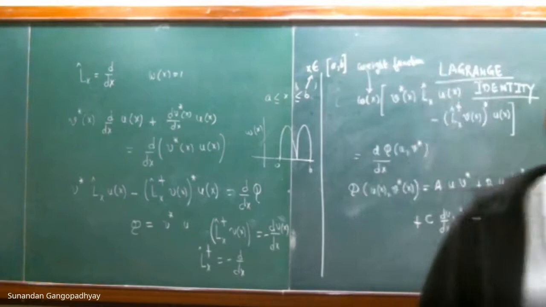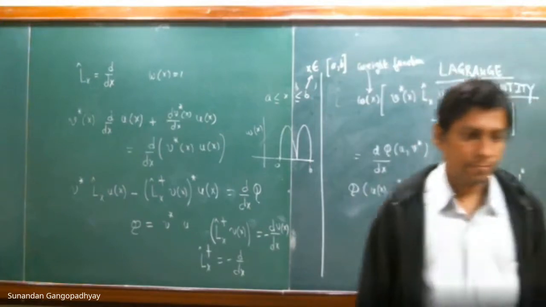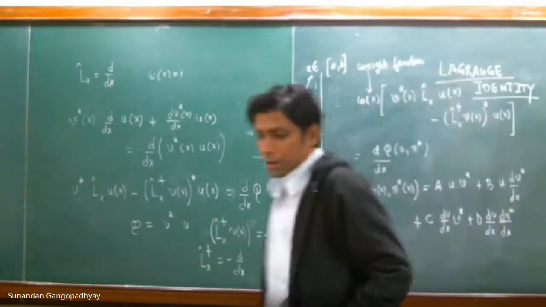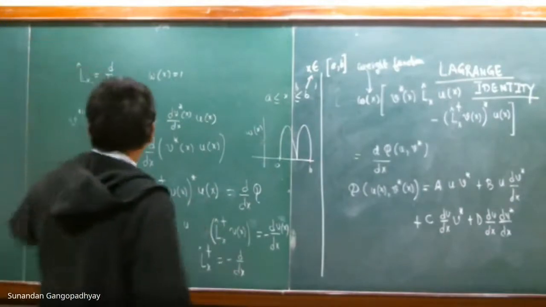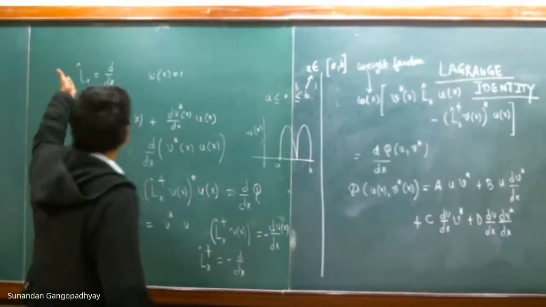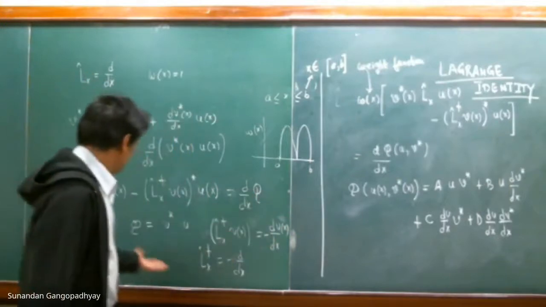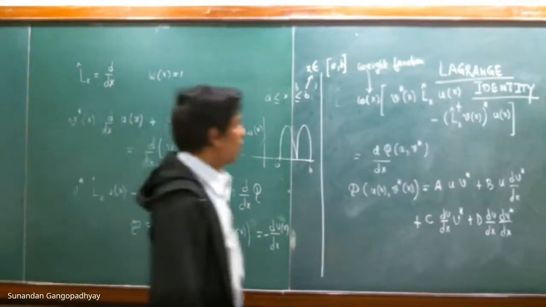Is it clear? Yes, sir. Okay. So what we have seen just now is that for this operator, this is your Lagrange identity, this q is this, and the adjoint operator is this.